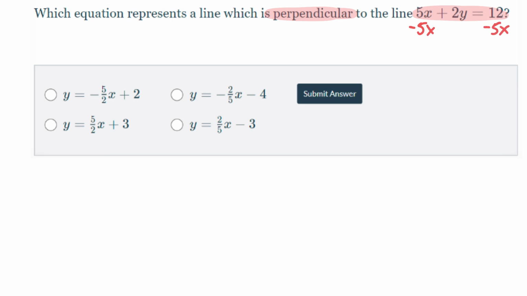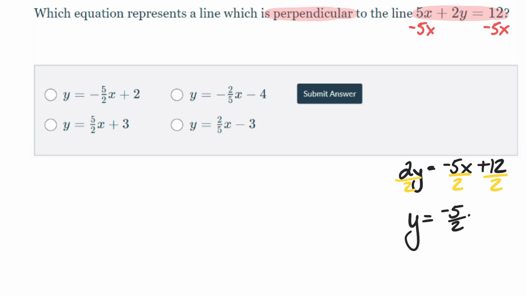So my first step is going to be to subtract the 5x from both sides. 2y equals negative 5x plus 12. Then we divide everything by 2. So the equation of the line that we were given is y equals negative 5/2 x plus 6.